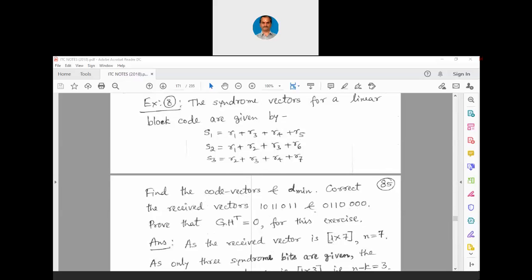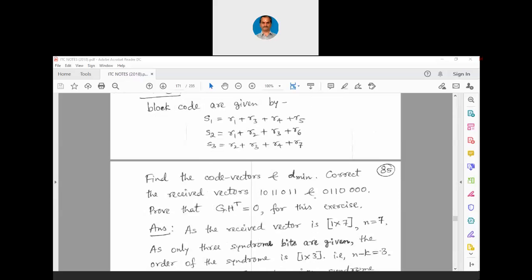Now the received vector is 1 cross 7, isn't it? We can see this. The received vector is 1 cross 7. That means here N given is 7. Now there are only 3 syndrome bits given, S1, S2, S3. And the order of the syndrome is now 1 cross 3. So obviously N minus K is 3. Please understand this.